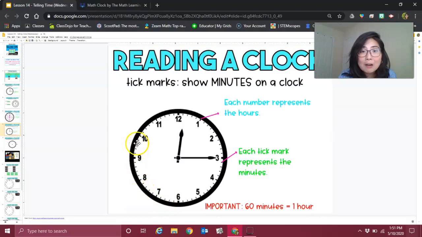And if I were to count all of these tick marks, guess how many tick marks we would have? If you said 60, you are correct. We would have 60 tick marks because there are 60 minutes. And what's really important for you to know and remember is that there are 60 minutes in 1 hour.